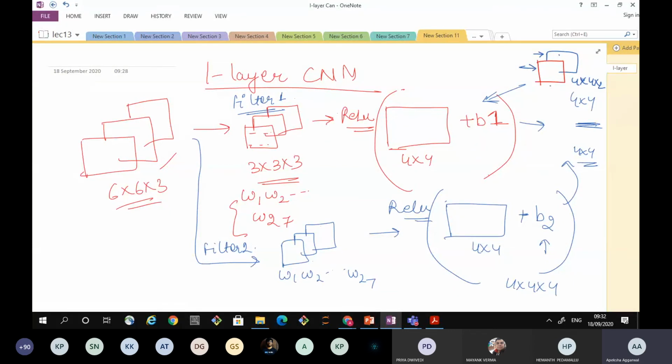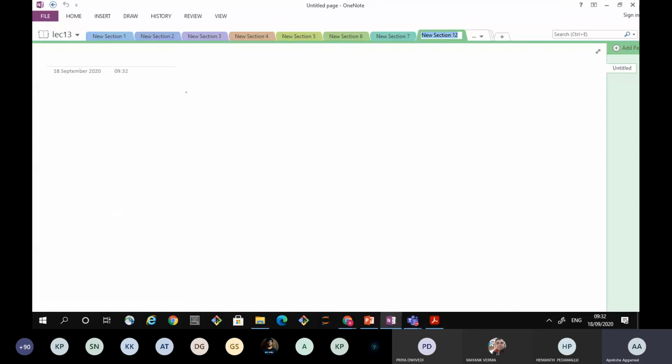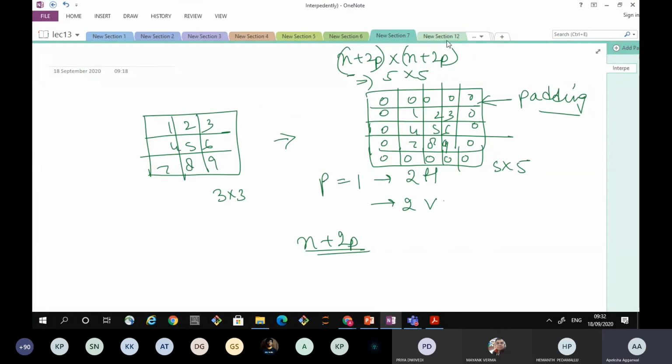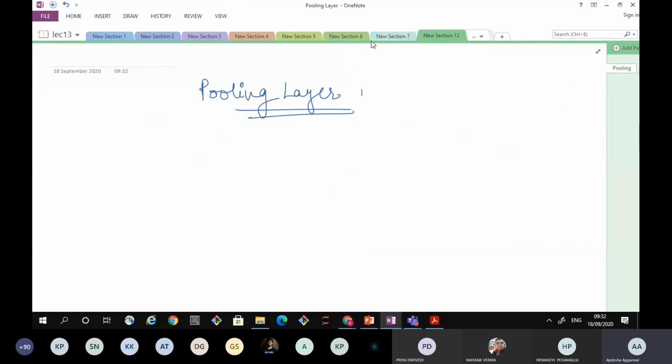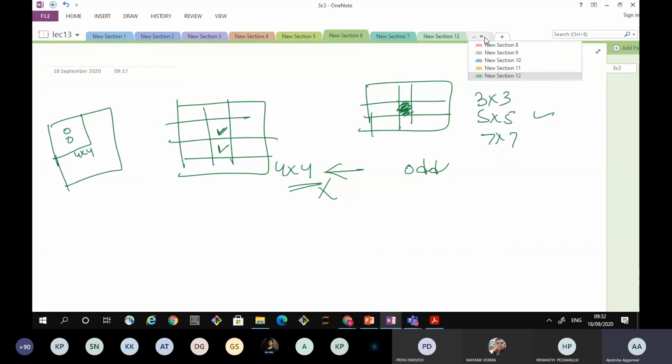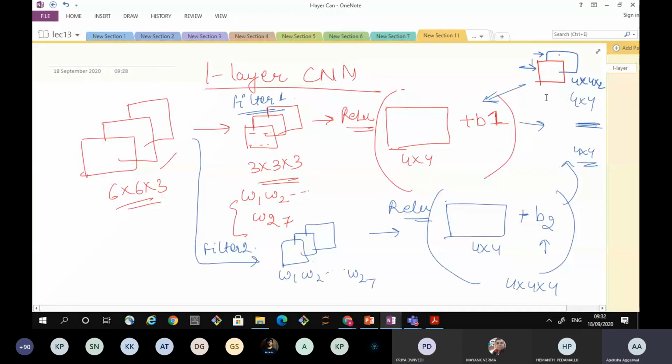So you have the overall idea. We have a pooling layer as well, but I don't think I have time to explain that. Still, the overall idea you have got. So for this convolution network, what you have to do is repeat this process multiple times.